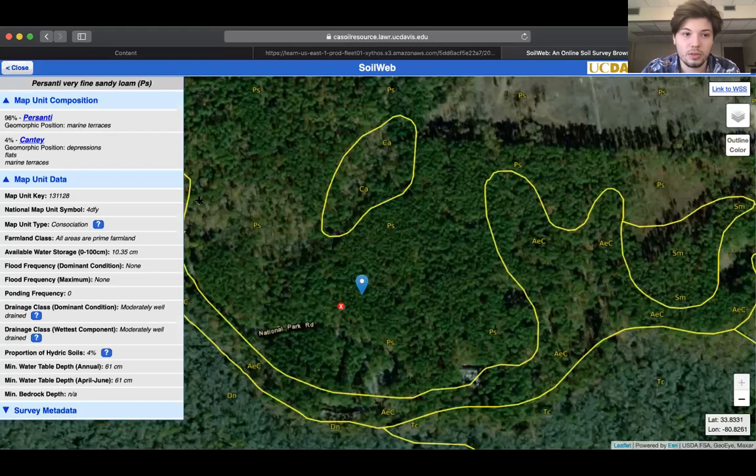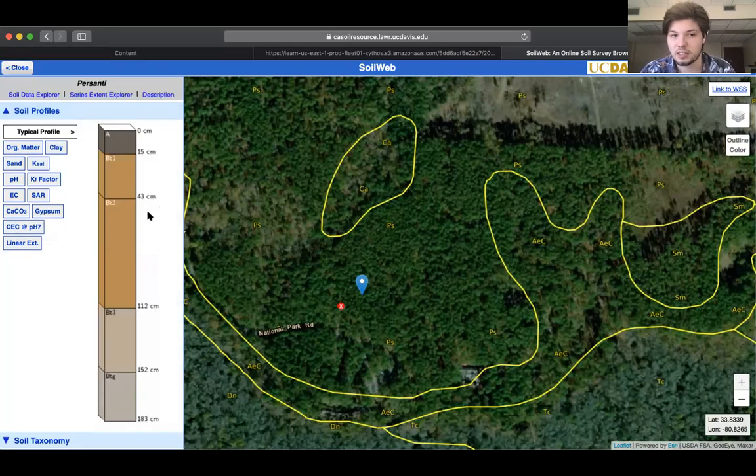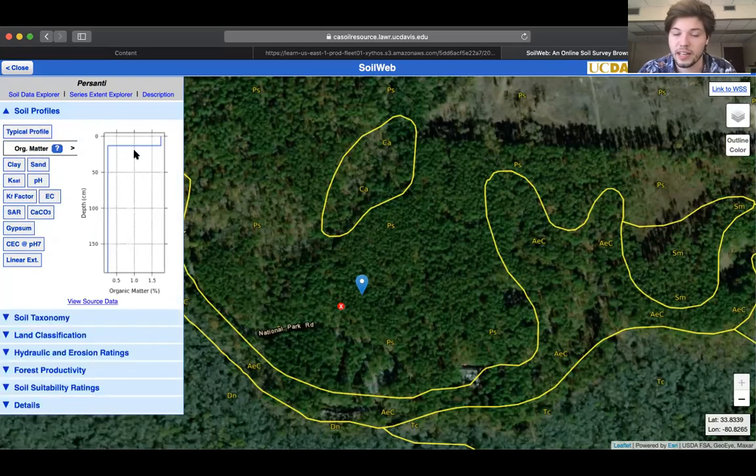And then within here, you can see that it shows you the map unit composition of the different soil types. So the dominant soil here is shown, and we can click that to get a look at the soil profile. And then there are various other options. You can look at the organic matter, percent by depth, clay, sand, pH.